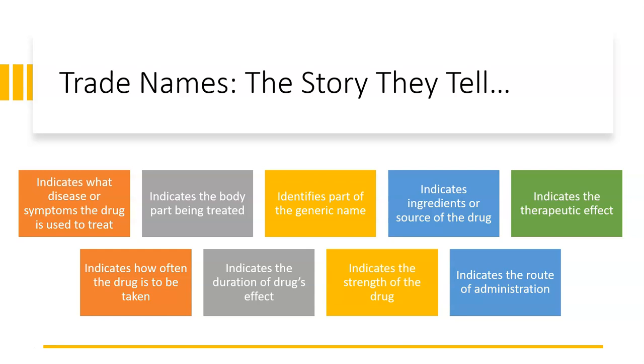Nitroderm, that would be nitroglycerin that's going through the skin. Now, some trade names help identify the generic name. A great example of that is the trade name Cipro, for the generic name ciprofloxacin. So we're seeing that we just took part of the generic name and made that the trade name.